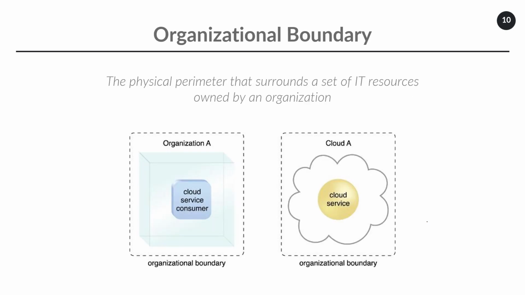So now let's talk about organizational boundary, a very important topic, especially for clouds. An organizational boundary basically represents the physical perimeter that surrounds a set of IT resources owned and governed by an organization. Okay.